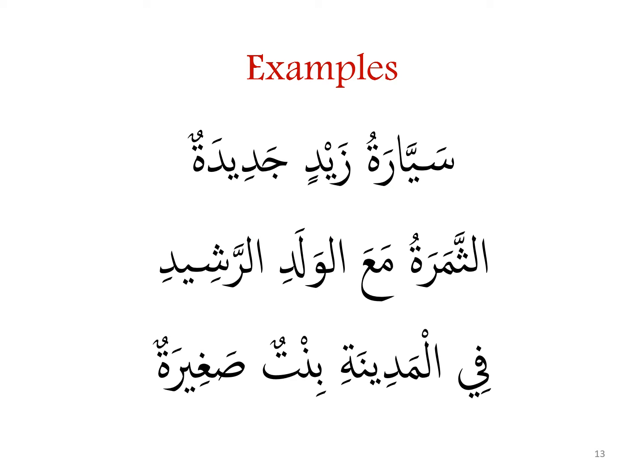So here's some further examples. We have Sayyaratu Zaydin Jadidatun. So in this case, we actually have the mubtada as a phrase. This is an idafa phrase because we have a noun without a tanween and without an alif lam followed by another noun that ends in a kasra. So this is an idafa phrase, Sayyaratu, meaning the car of Zayd.